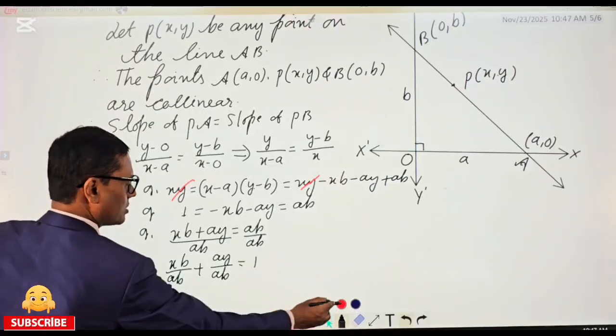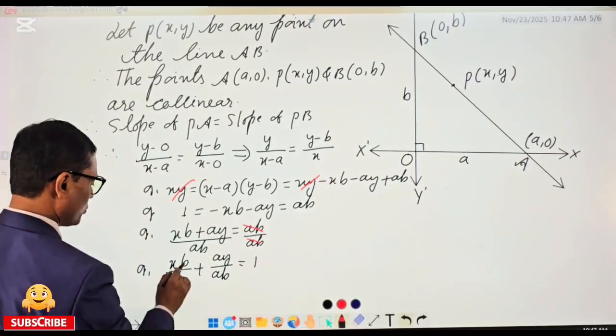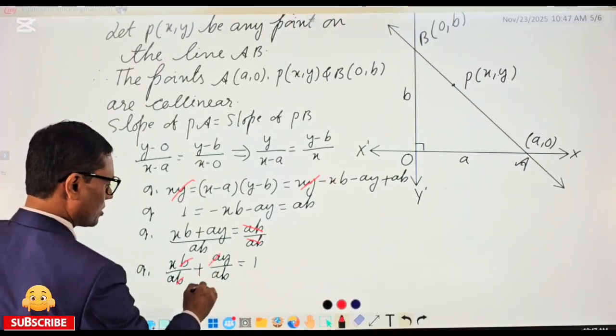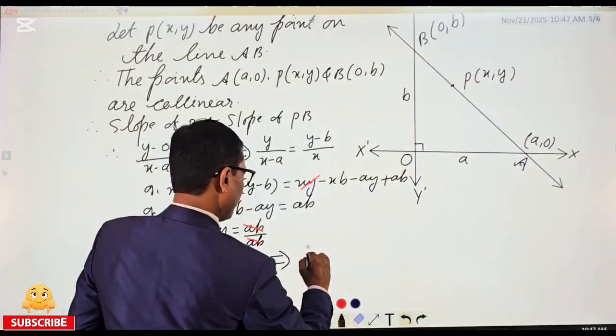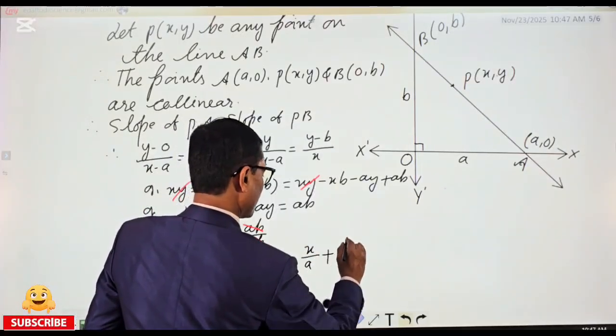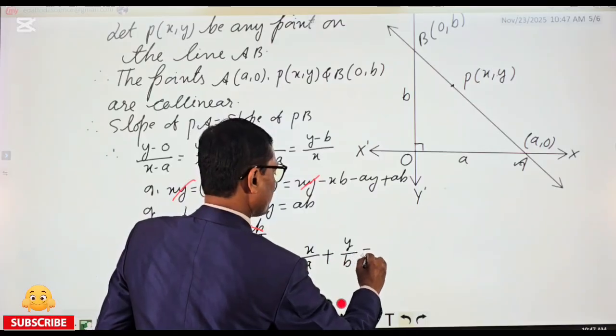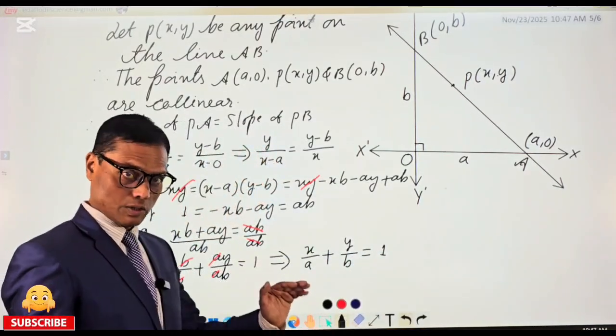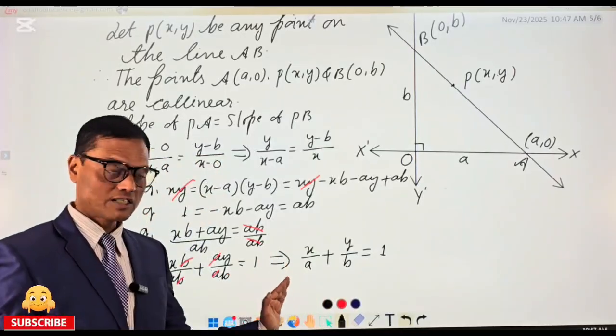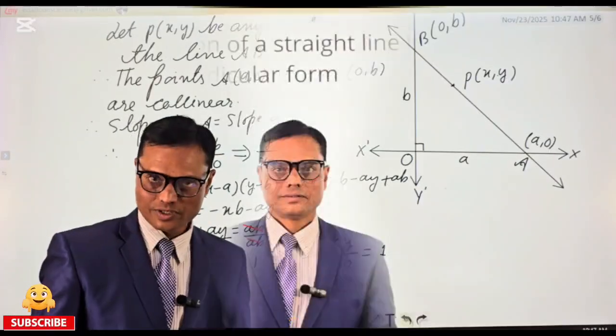You know, ab will cancel. We can cut b and b, a and a. Now it gives us x by a plus y by b equals 1, which is the required equation. And you know the meaning, a means x-intercept and b means y-intercept.